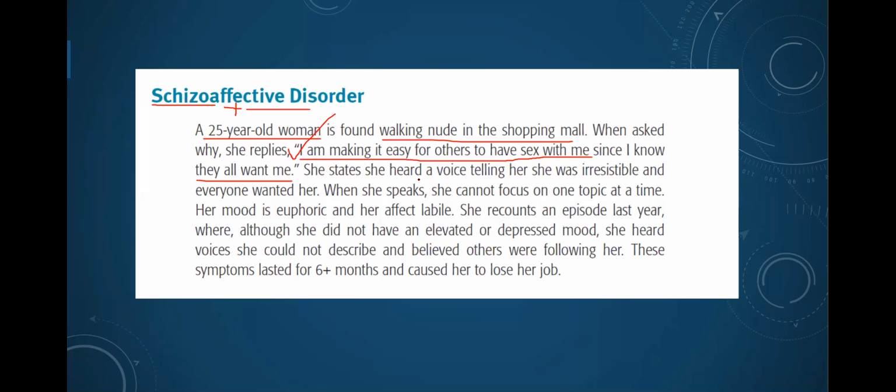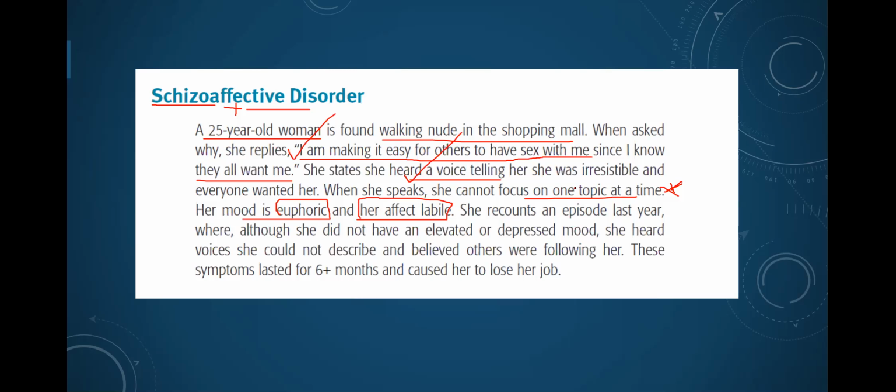She states she heard a voice telling her she was irresistible and everyone wanted her. Hallucination. So heard a voice, which means auditory hallucination. When she speaks, she cannot focus on one topic at a time. Her mood is euphoric. Her affect is labile. Affect labile means like easily distractible.